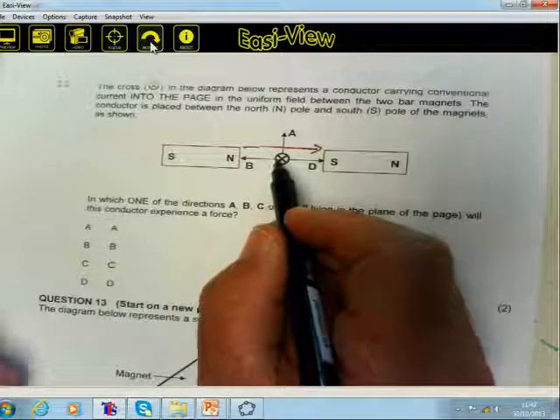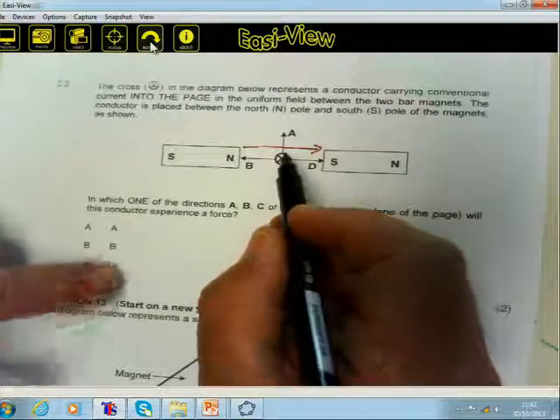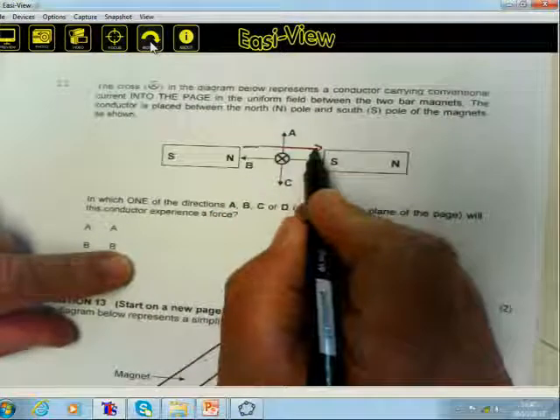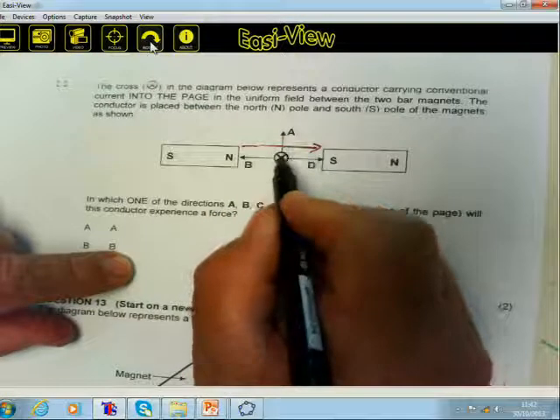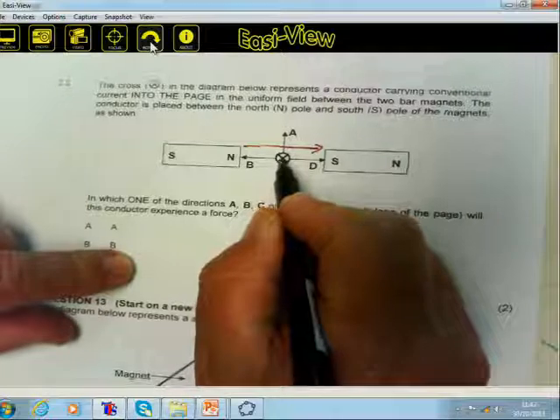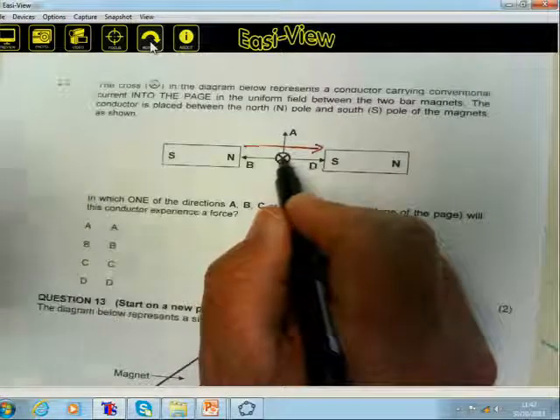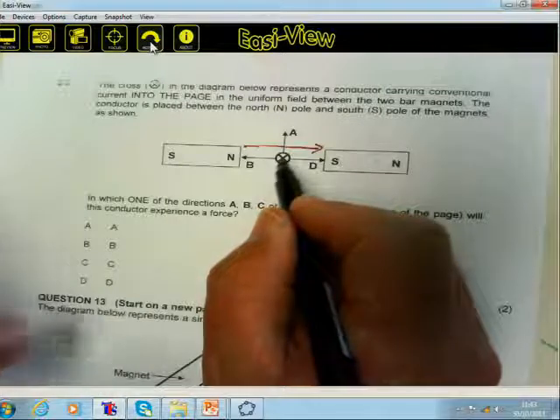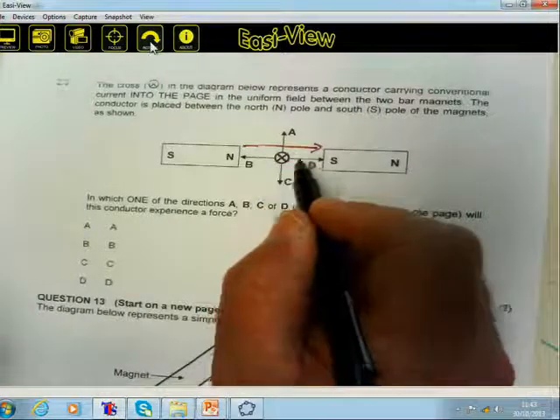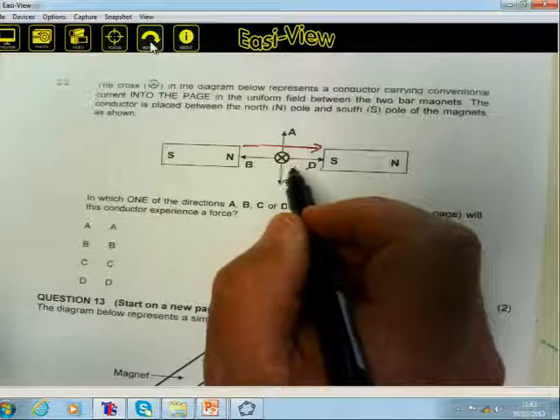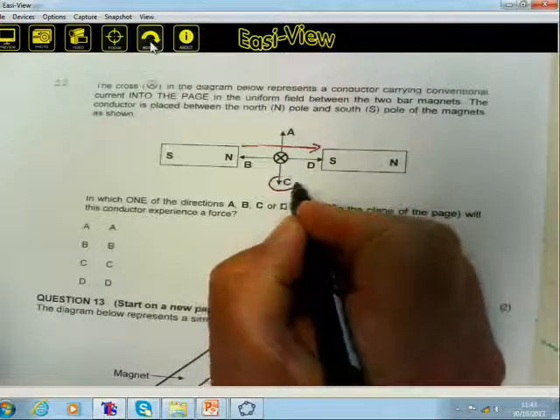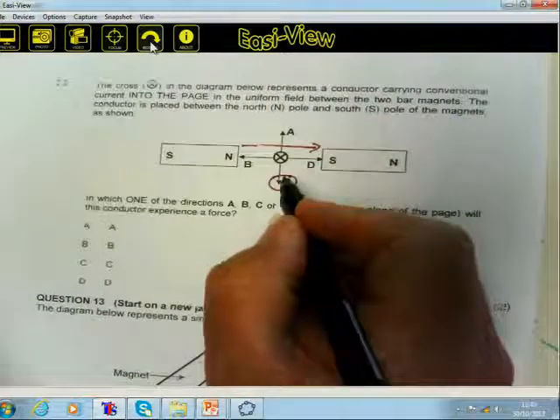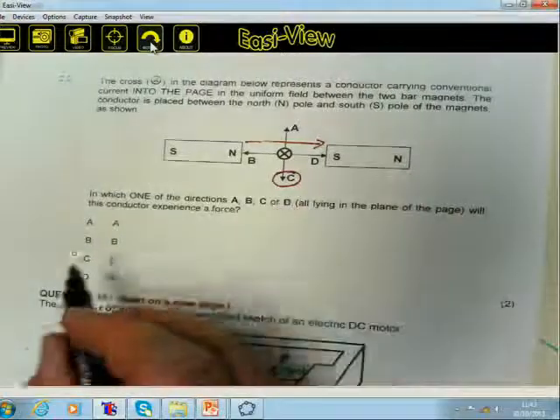If I apply Fleming's right-hand rule, index finger from north to south, the middle finger is directly downwards, away from you into the page, and then my thumb is showing in the direction of C.